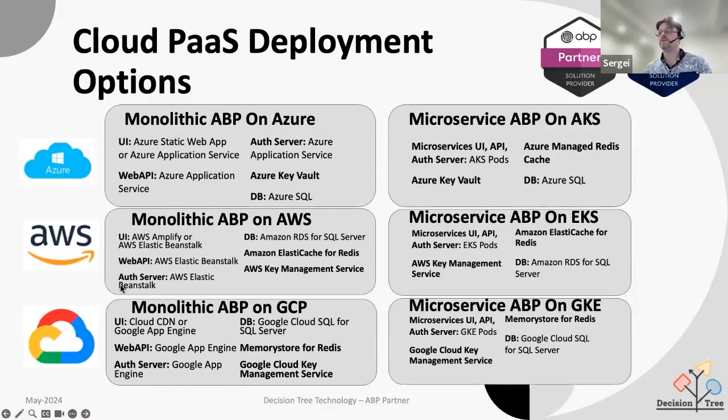It means the Web API and authentication server will be running on these Amazon services. Similar to Azure, Amazon offers Amazon RDS, a scalable and elastic SQL Server engine. Obviously, if you choose to use MongoDB or PostgreSQL or other databases, you have to choose the appropriate data engine.